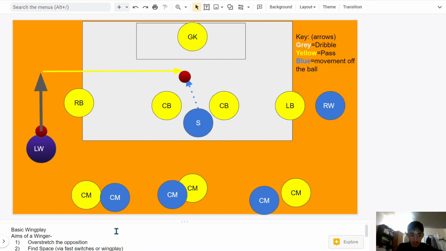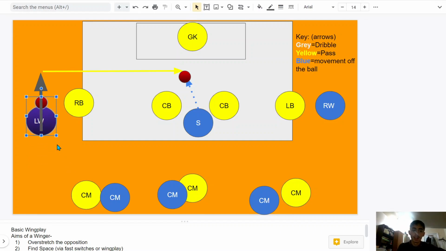So this is showing basic wing play. As I've written at the bottom here, you probably can't see, but I'll read it out. This is what basic wing play is. It looks like this. So me, the winger, or the person on the wing, would get the ball forward like this, into that position over there.